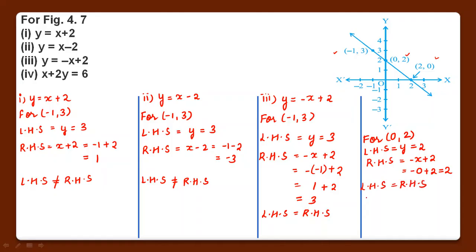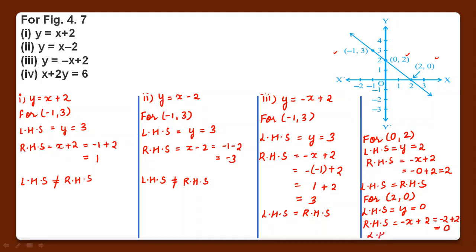Then we'll check for the last point, 2, 0. LHS equals to y, that is 0, and RHS is equals to minus x plus 2, means minus 2 plus 2, that is 0.